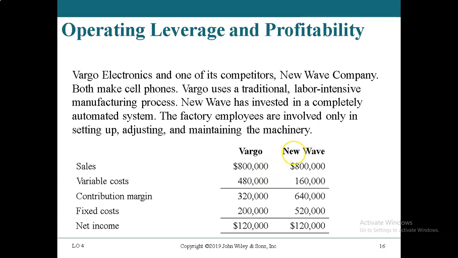So which method has more fixed cost? Is it Vargo or New Wave? Clearly you can see that New Wave has more fixed cost than Vargo. Okay, so 520,000 versus 200,000. That means New Wave has more operating leverage. Vargo has less operating leverage.